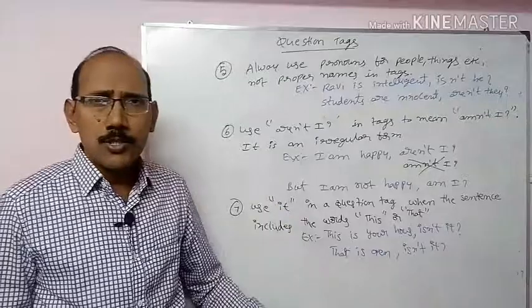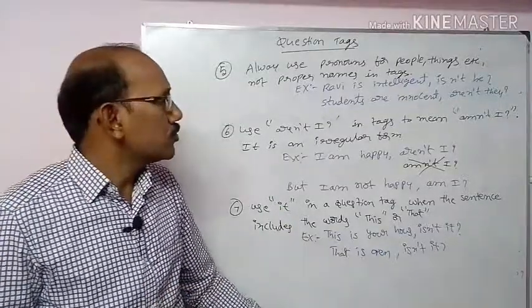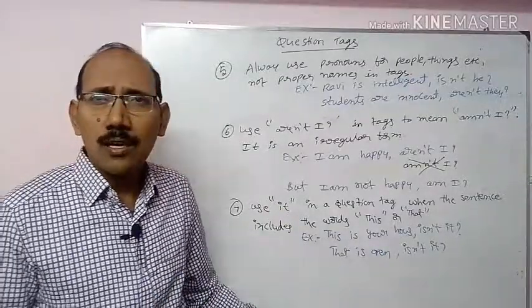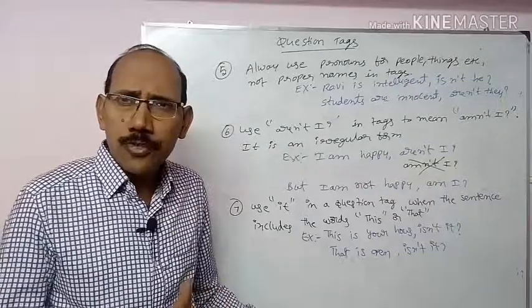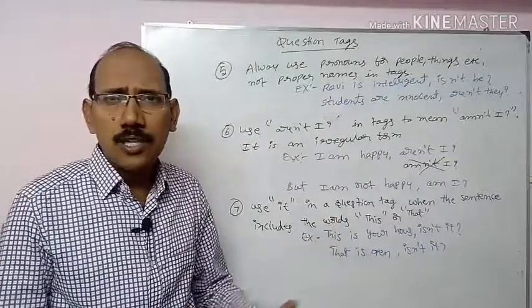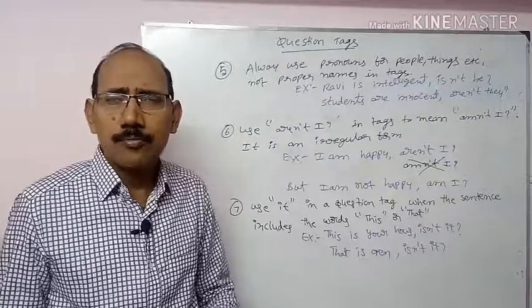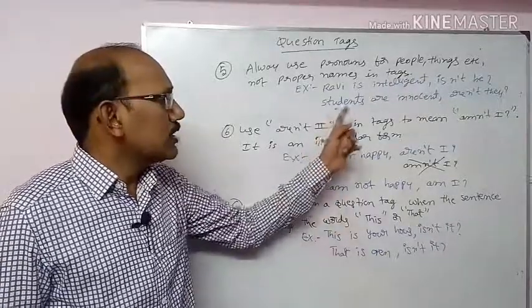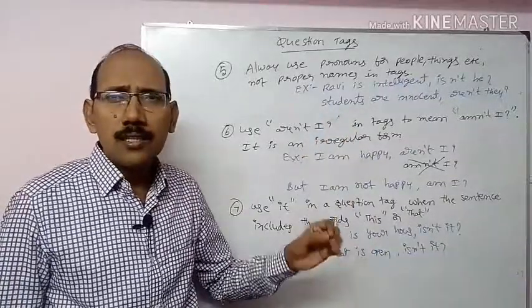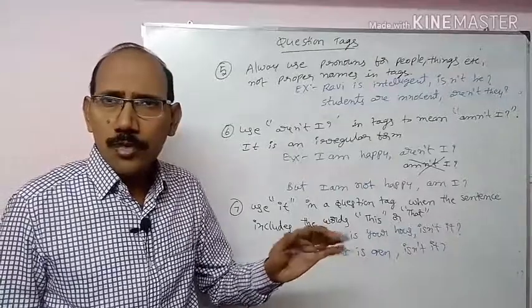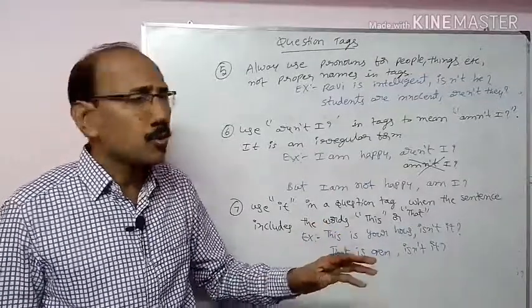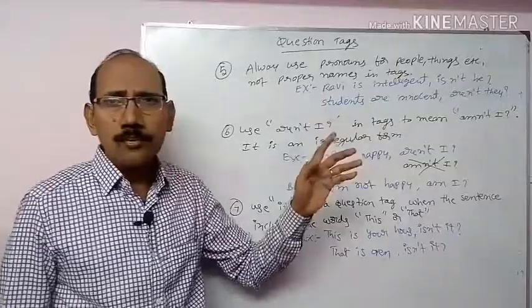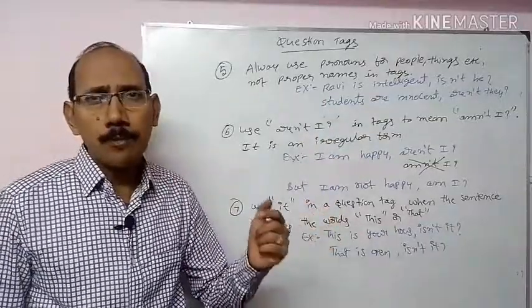Look at one more example. Students are innocent. Of course, it is a positive statement, so we have to use a negative tag. That is mandatory. That is a fixed one. Students are innocent, but here, instead of aren't students, we need to use aren't they. So always we need to use only pronouns instead of proper nouns.